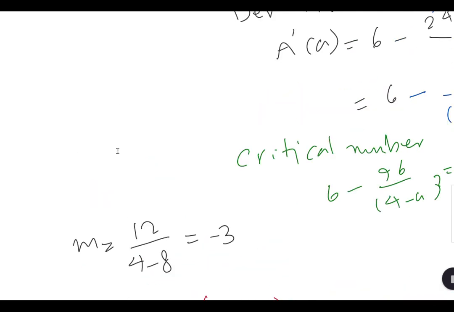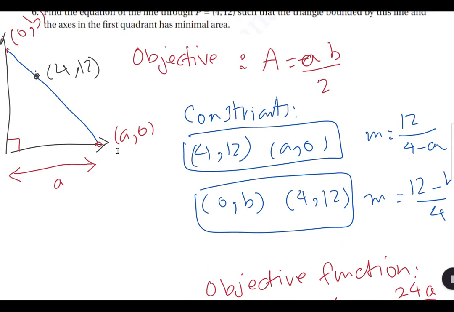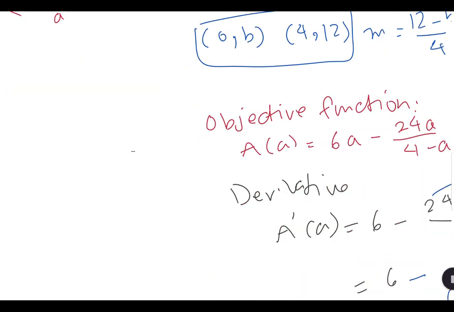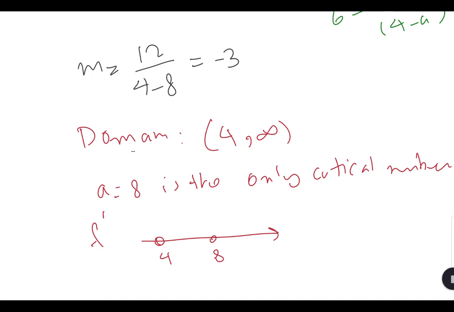Let's take a quick look again. As we approach 4 over here, one side gets closer to infinity, and as a goes this way to positive infinity, one side gets closer and closer to infinity. Therefore, I know that starting from close to 4, we're going down and going up. Therefore, the min is at a equal to 8. So I think we're pretty much done.